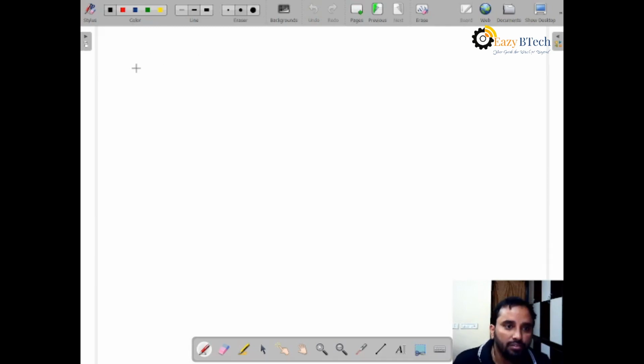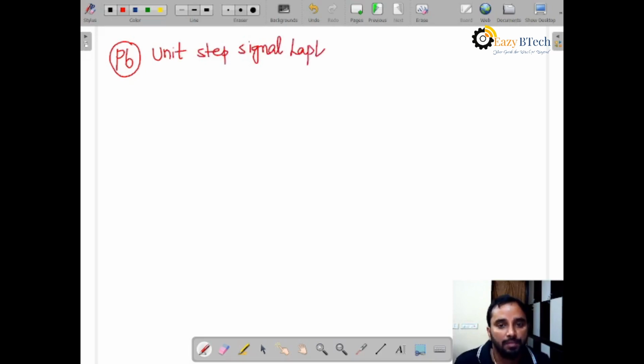So here we have u of t, the unit step function, Laplace transform. What is the Laplace transform of the unit step signal? So u of t, unit step function means u of t.